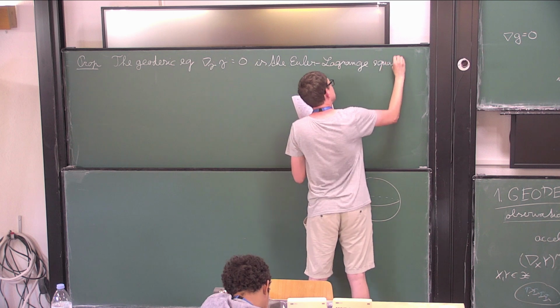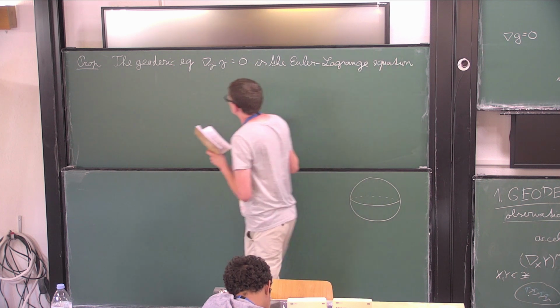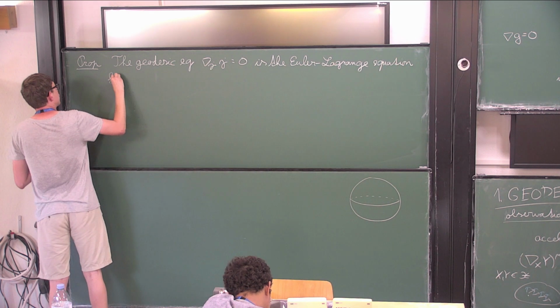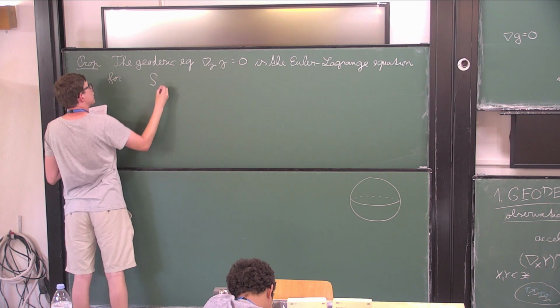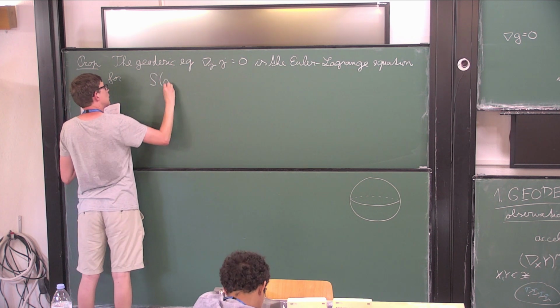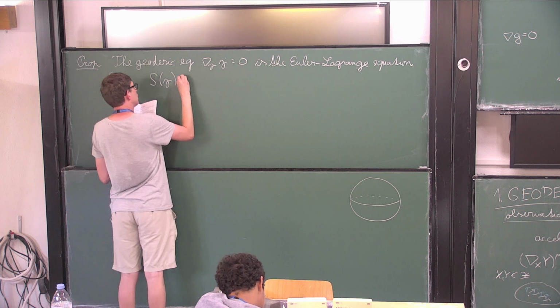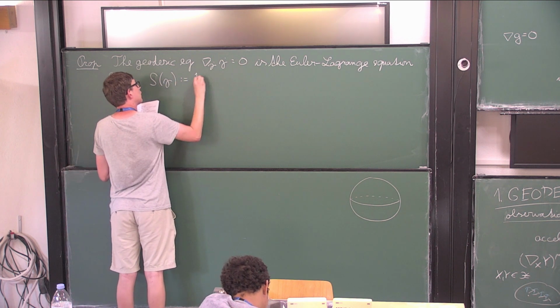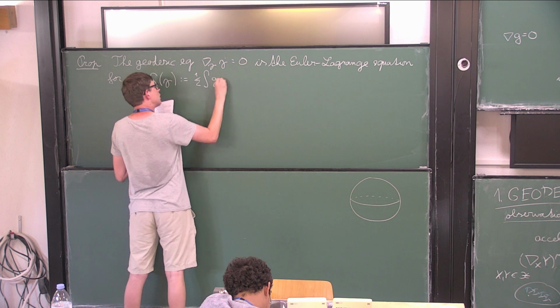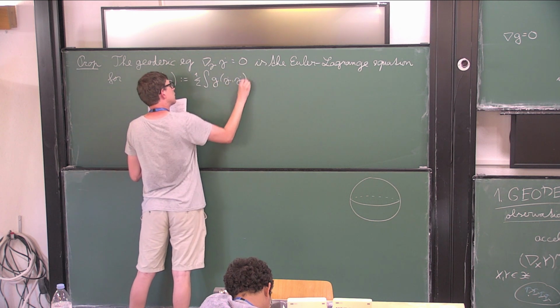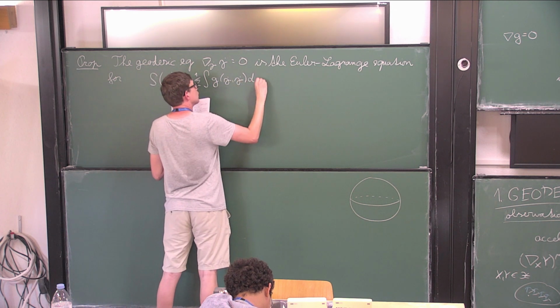Equation for the following action function. So given any curve, I can calculate the following expression: 1/2 of g(gamma dot, gamma dot) d tau.